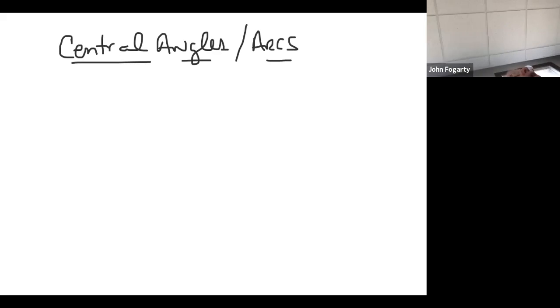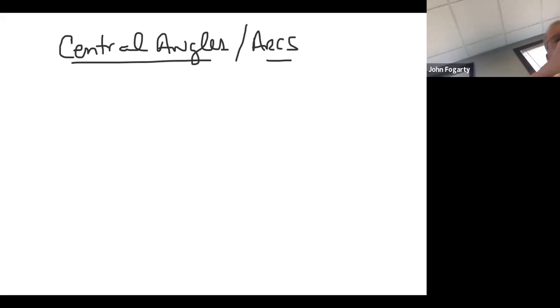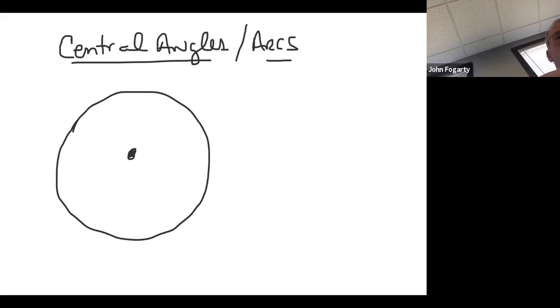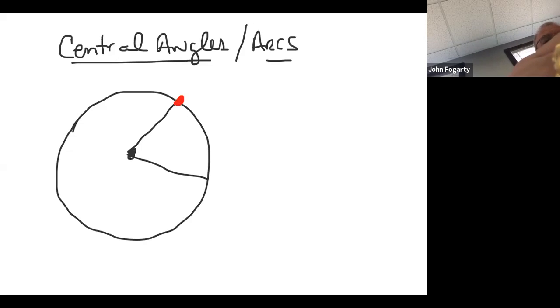Alrighty. And we learned, I'll just introduce this a little bit, right? A central angle is simply any angle whose vertex is at the center of a circle. That's it. And then we learned that if you have a central angle, it cuts your circle into 2 arcs.